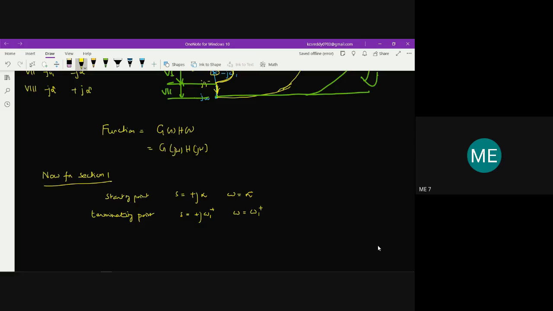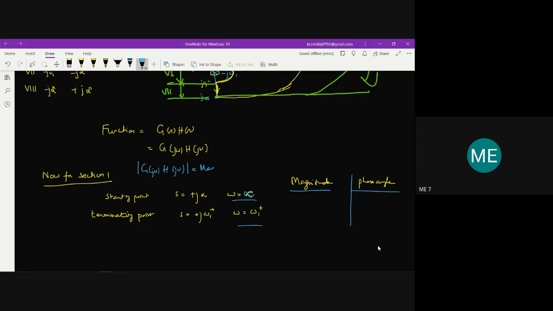So here, in order to get the magnitude and phase angle, as you did in the polar plots, we are going to find the magnitude and the phase angle for different values of omega. So here omega is infinity. Substitute omega infinity in the magnitude of mod of g of j omega into h of j omega, and whatever you get is the magnitude.